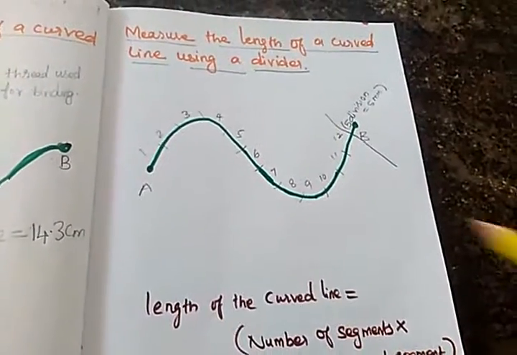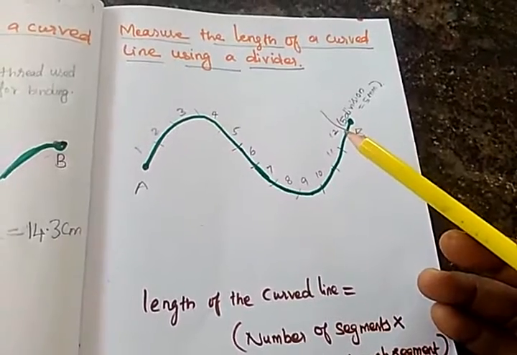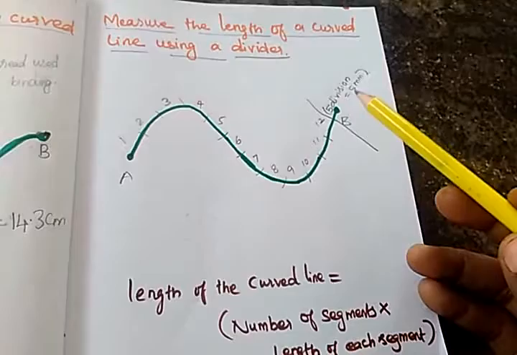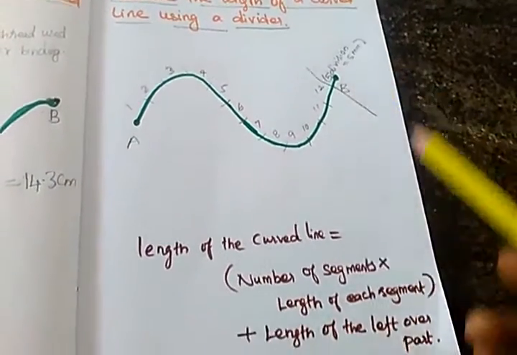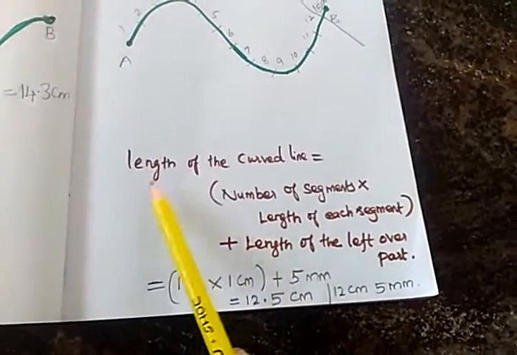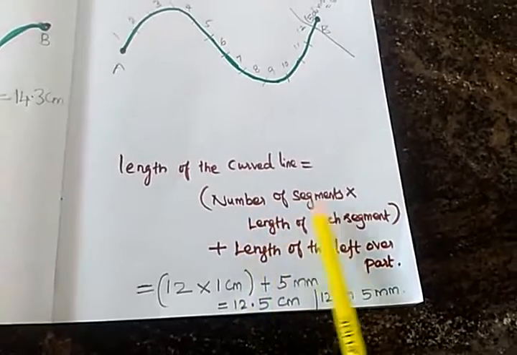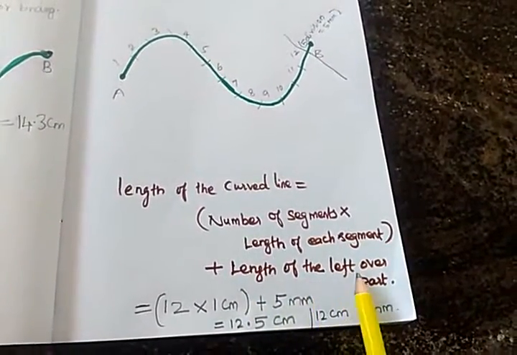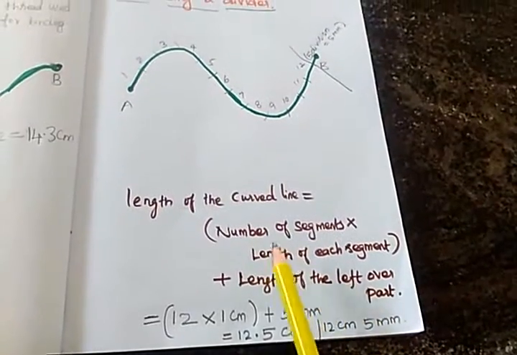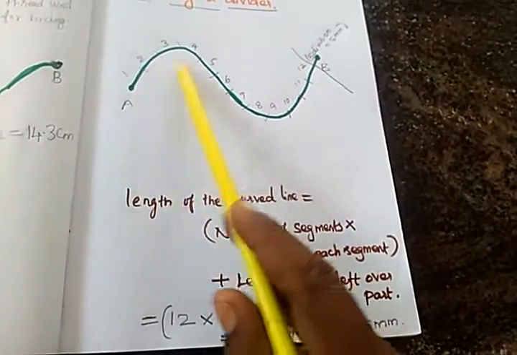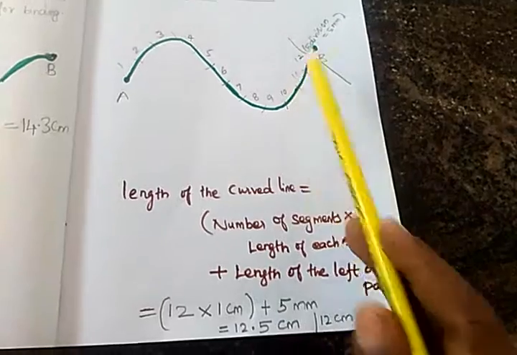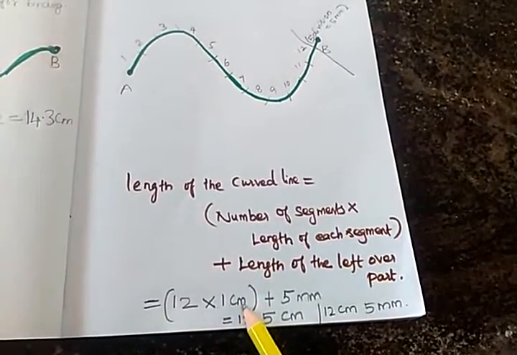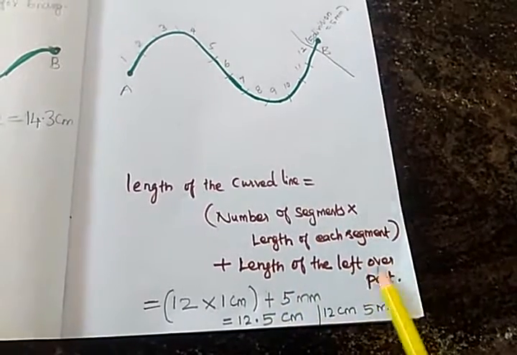Then the remaining part of the line can be measured using a scale. We have 5 millimeter. Then use the formula: length of the curved line equals number of segments times length of each segment, plus length of the leftover part.